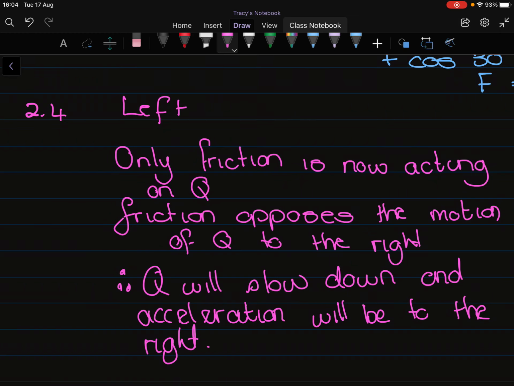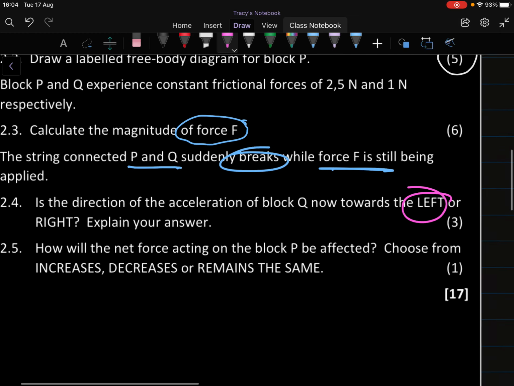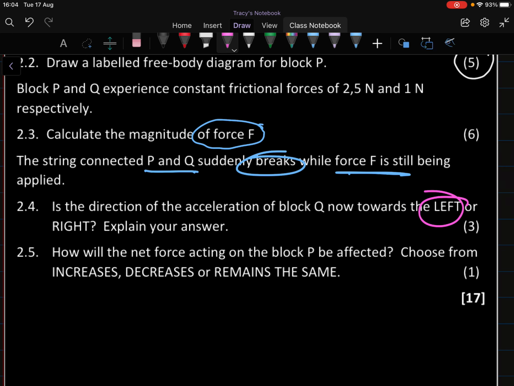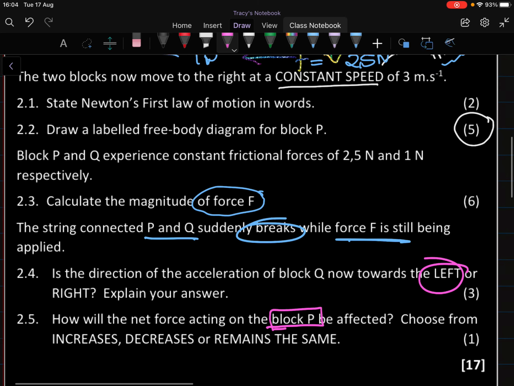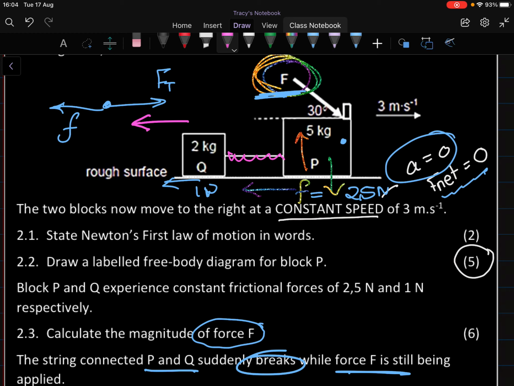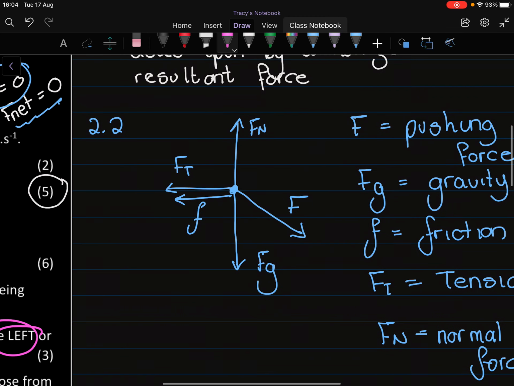Okay, last question. How will the net force acting on block P be affected? And they only want you to choose increase, decrease, or remain the same. So remember what we've done here is we took out this force. That means when we consider all the forces on P, this is what's happened. That force has disappeared.